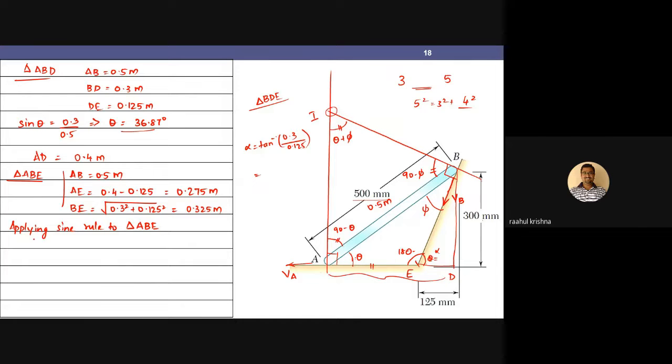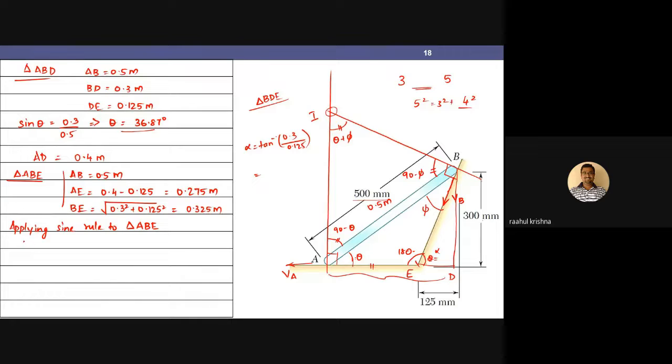For this particular question, since the angle was not given, I'll have to apply the sine rule twice. Firstly in this triangle to get the angles, then in triangle IAB to get the length. So applying the sine rule to triangle ABE.